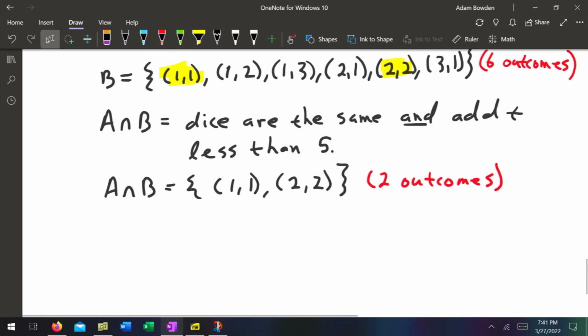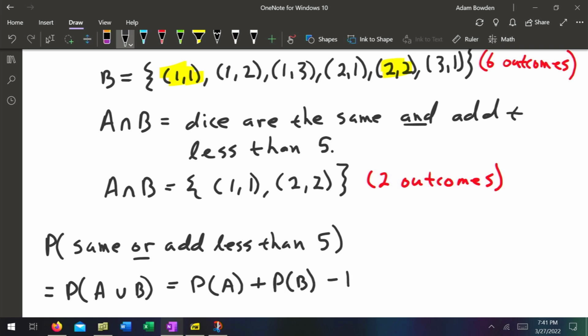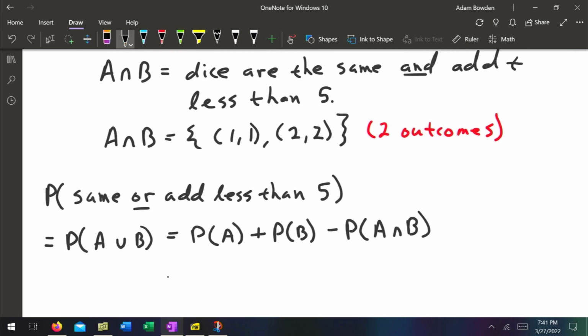So when we do the probability here, we're going to do the probability that the dice are the same or add to less than 5. That would be trying to take the probability of A union B, which is the probability of A plus the probability of B minus the probability of A intersect B. And since there are 6 outcomes for A out of 36, 6 divided by 36, same for B, minus for the intersection there are 2 outcomes out of 36.